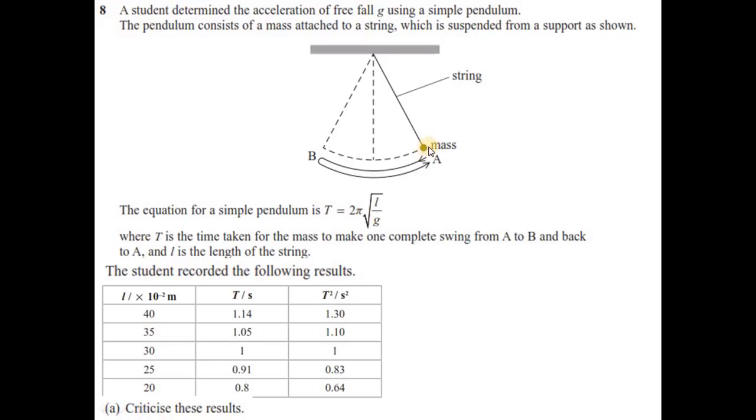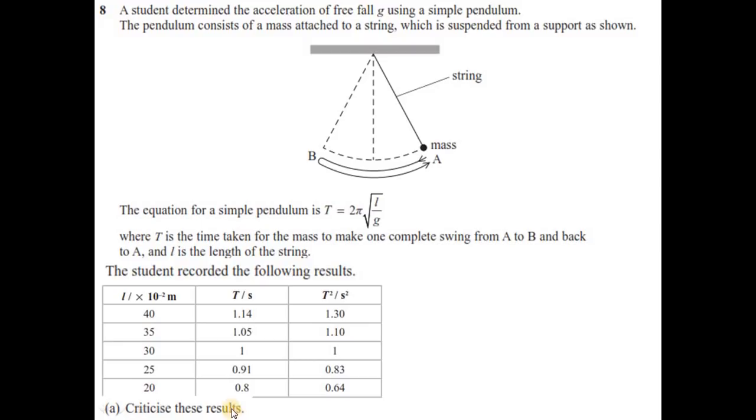Okay, so this is a pendulum swinging left and right between A and B. The equation for a simple pendulum is T is equal to 2 pi root L over g, where T is the time taken for the mass to make one complete swing from A to B and back to A, and L is the length of the string. The student recorded the following results. So this is the length in 10 to the power minus 2 meter, time in second, T square in second square.